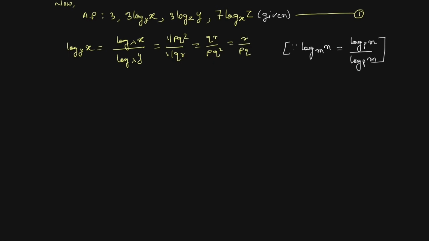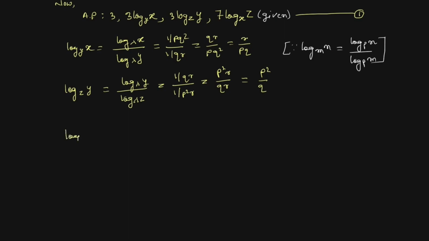Similarly, we find the value of log base z of y, which we able to write as log base lambda of y divided by log base lambda of z, which we able to write as 1 upon qr divided by 1 upon p square r, which is equal to p square r divided by qr, which is equal to p square q.